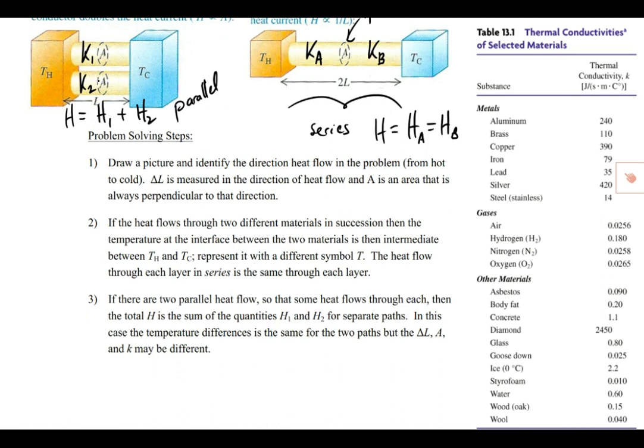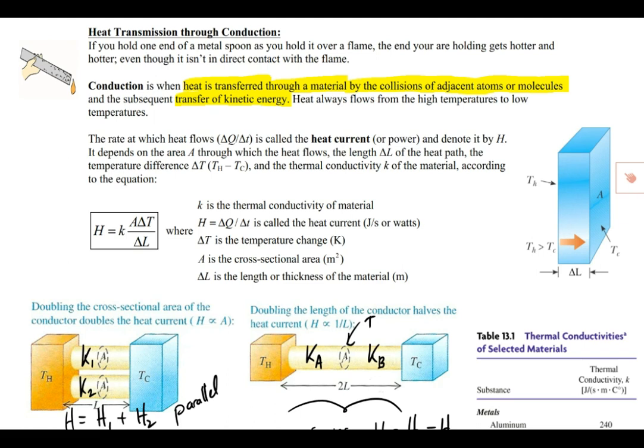And so you can make some analogies between the two situations. So to quickly summarize, conduction is basically the heat flow rate, the mode that heat can transfer in solids. And it occurs because there are collisions between the adjacent atoms or molecules within the metal, and simply the energy gets transferred all the way through that material.